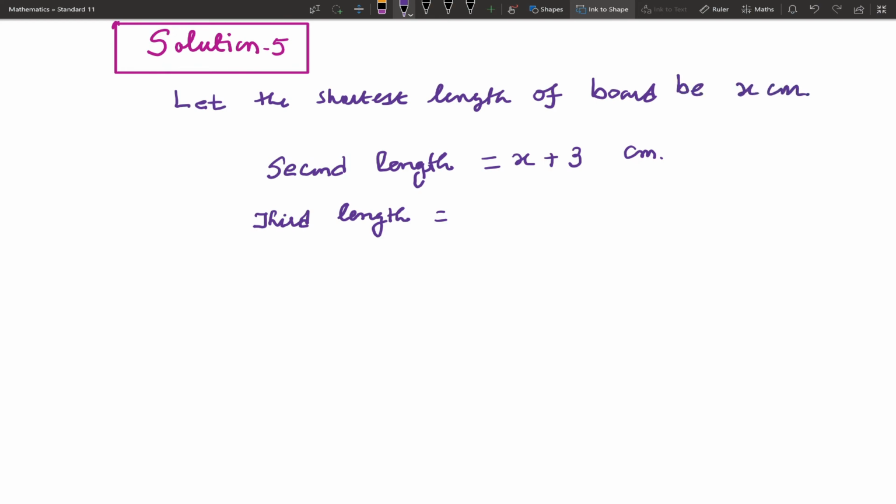So second length is to be 3 centimeter longer than the shortest.